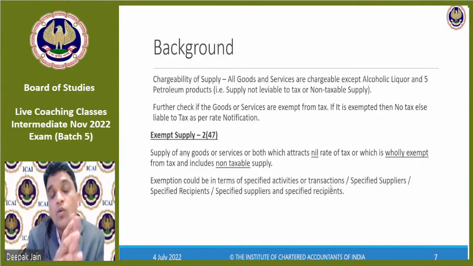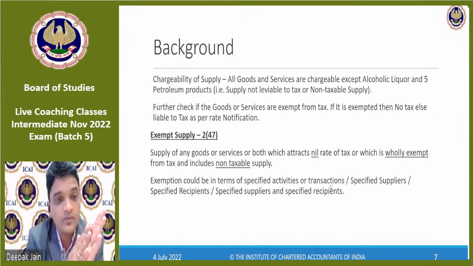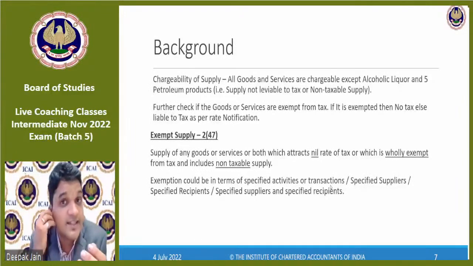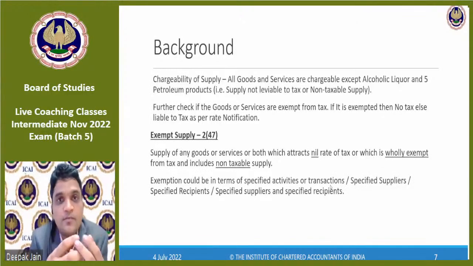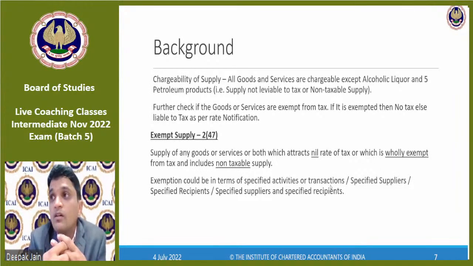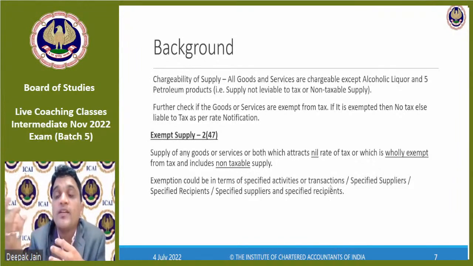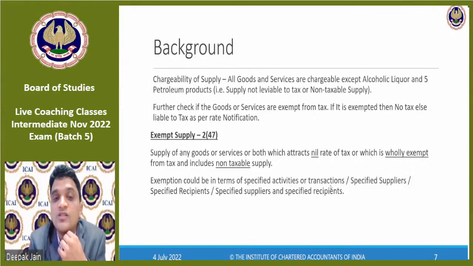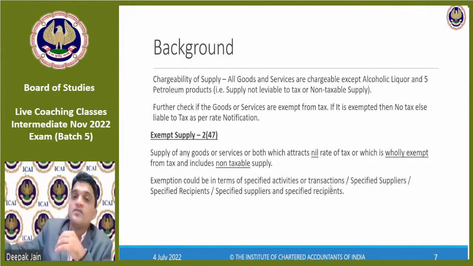Now, what are the various kinds of exemption? Exemption could be in terms of specified activities, or it could be for specified suppliers. Like for specified activities, I would say that hospital services, healthcare services is an activity which is exempted. A specified supplier could be suppliers who are supplying to educational institutions, or an educational institution is a supplier who is supplying services.